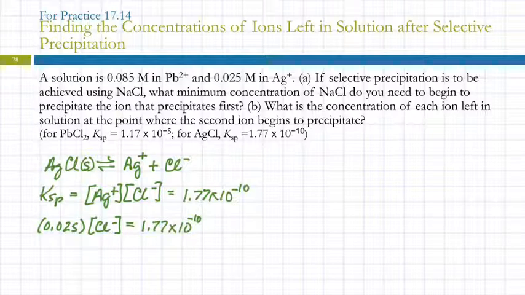Yeah, 1.77 times 10 to the minus 10 divided by 0.025. That gives 7.08 times 10 to the minus 9. So as we're adding sodium chloride, when we get to this concentration, the silver ion will begin to precipitate, right? So that's the answer to A.